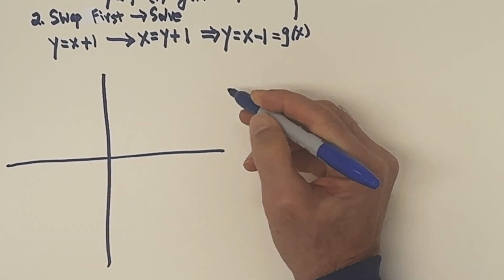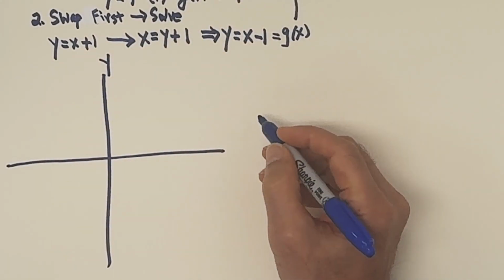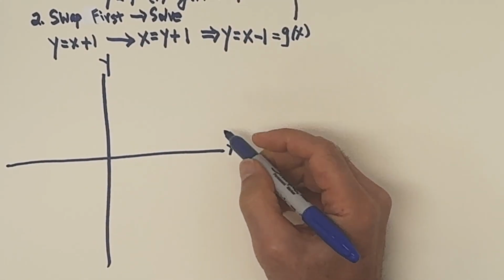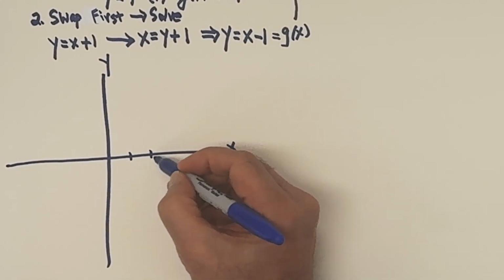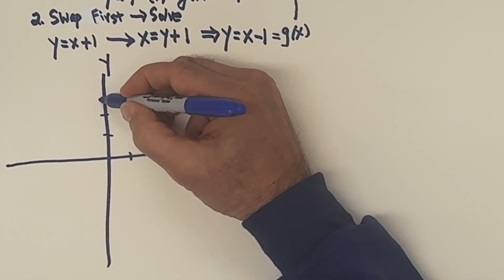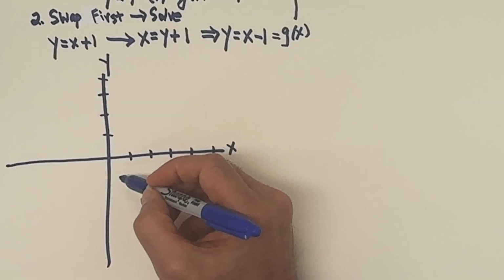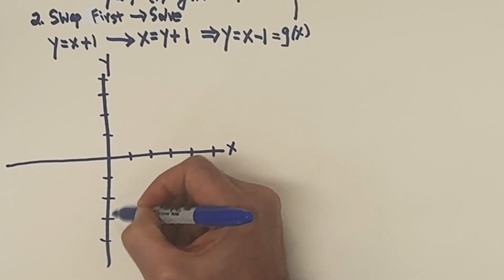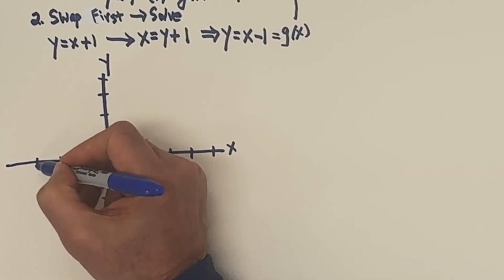So here we have y, and here we have x, and we'll look at here 1, 2, 3, 4, 5, 1, 2, 3, 4, 1, 2, 3, 4.